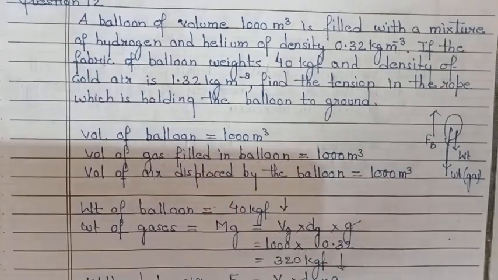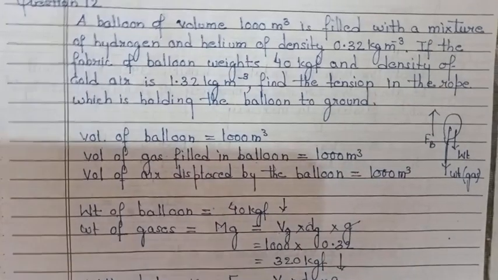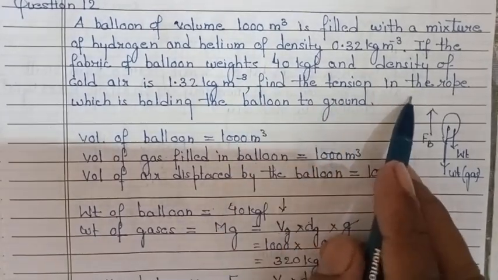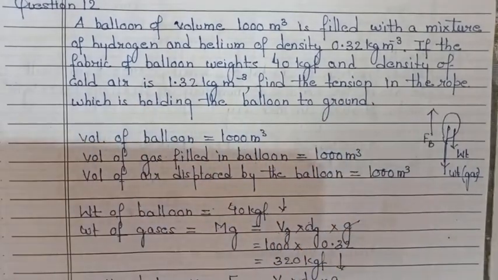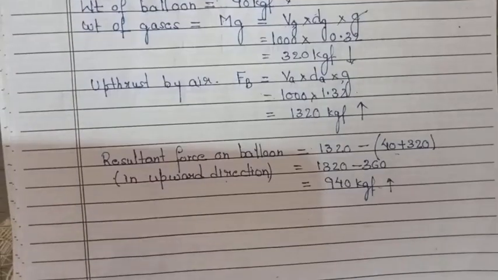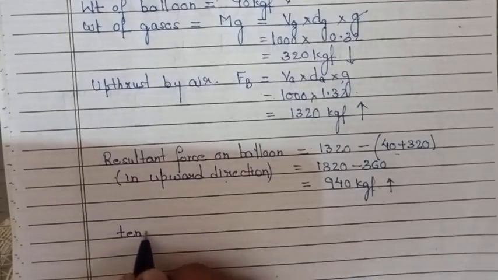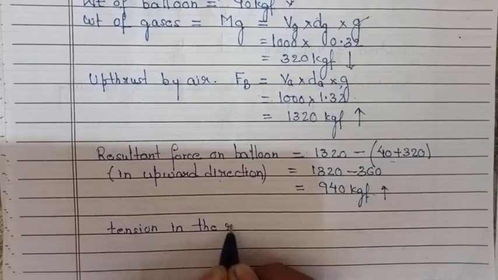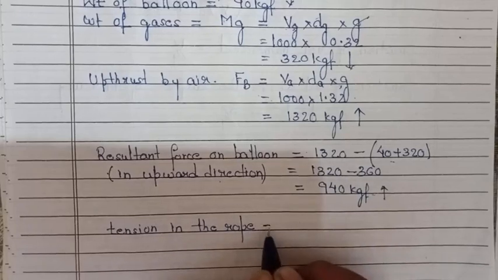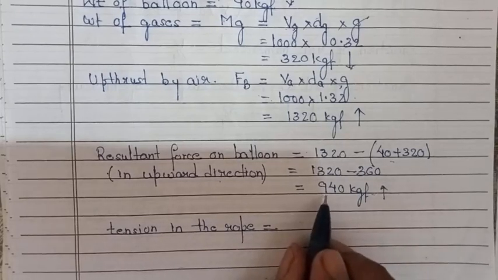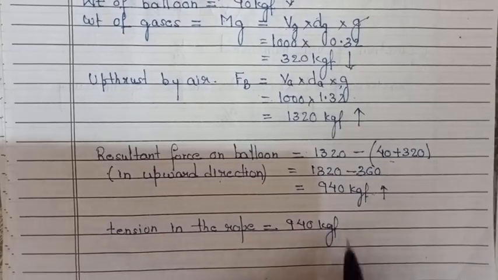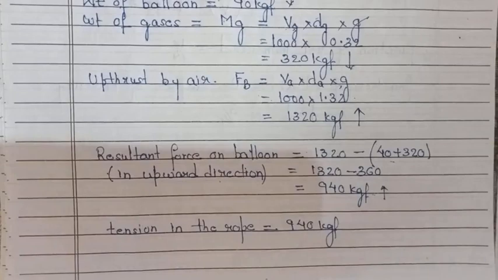The balloon is trying to move in the upward direction and it is tied to the rope. So the tension produced in the rope will be equal to the resultant upward force. So we can say the tension in the rope is equal to the resultant upward force, that is 940 kgf. So this will be the tension in the rope. Hope this is clear to you now.